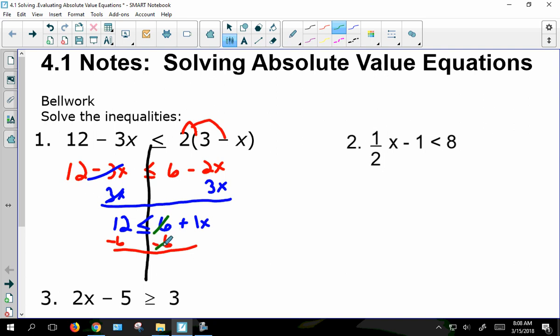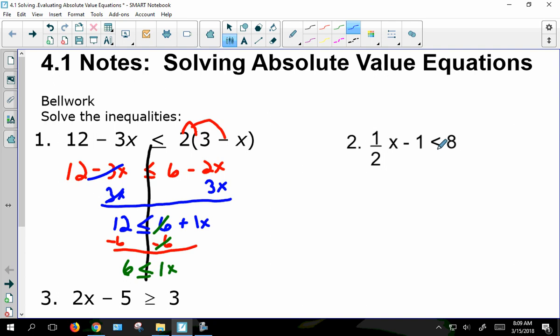This cancels. 12 minus 6 is 6, is less than or equal to 1x. Am I done? Yes, I am. Why? Because 1 and x are the same thing. So that's it. That's your answer. I can divide both sides by 1, but it's not going to change anything. That's it. So now let's go to number 2.